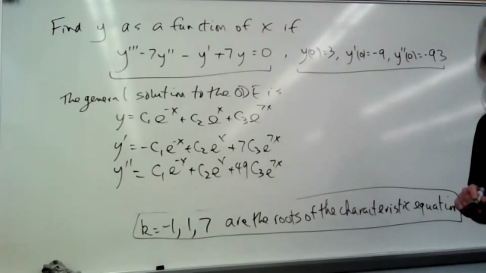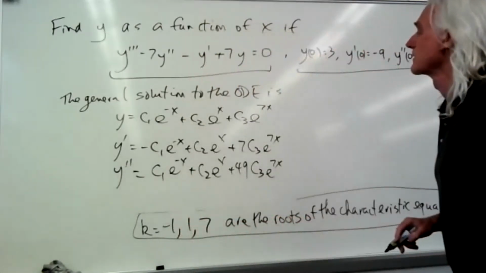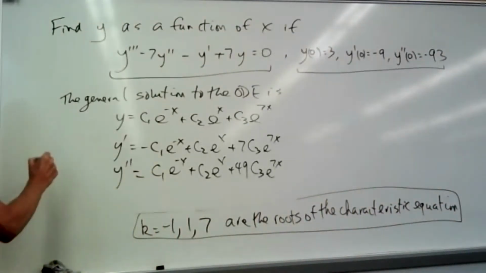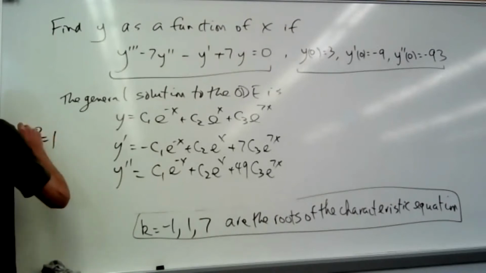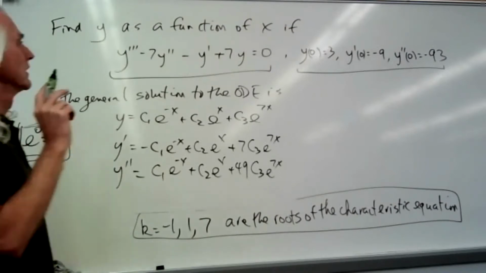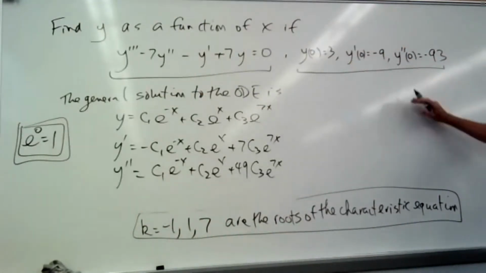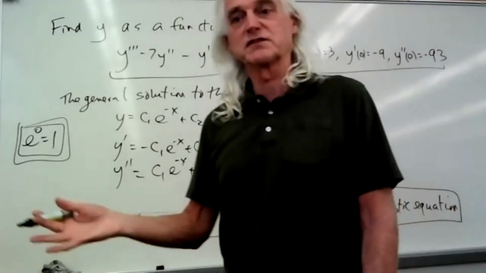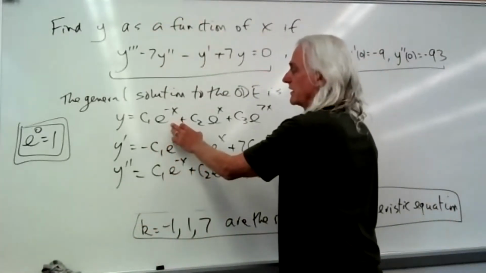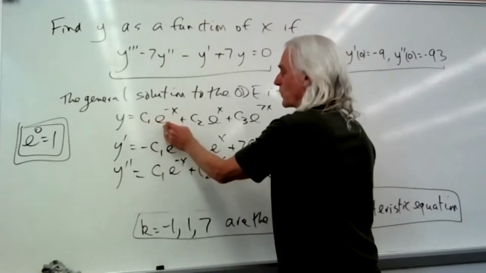Cool. All right. So now, using the super important fact that e to the 0 is 1, I'm going to translate these three initial conditions into three equations for C1, C2, and C3. If I plug x equals 0 here, I get C1 times e to the minus 0, C1 times 1.